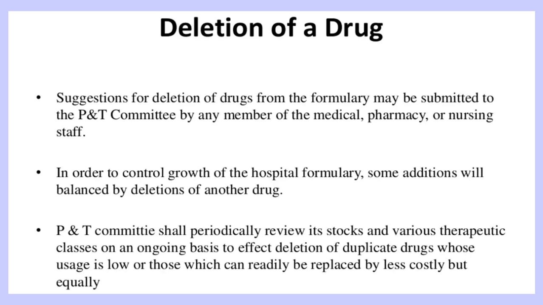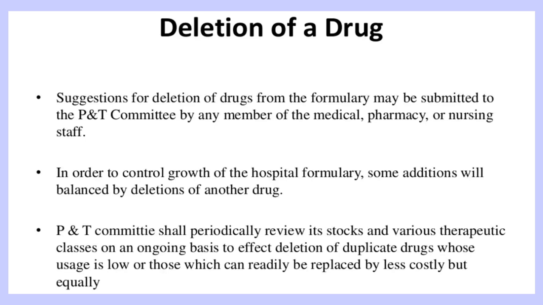The PT&C committee shall periodically review its stocks and various therapeutic classes on an ongoing basis to effect deletion of duplicate drugs whose usage is low, or those which can readily be replaced by less costly but equally effective drugs. So some of the drugs, there will be duplicate drugs. So they have the same efficacy, same cost, same safety profile.